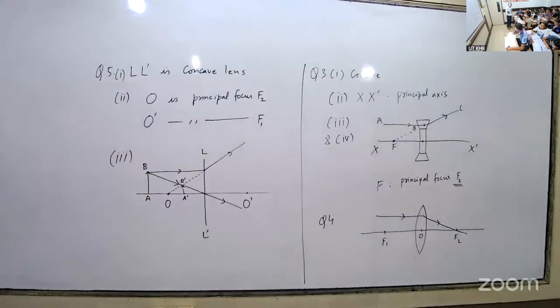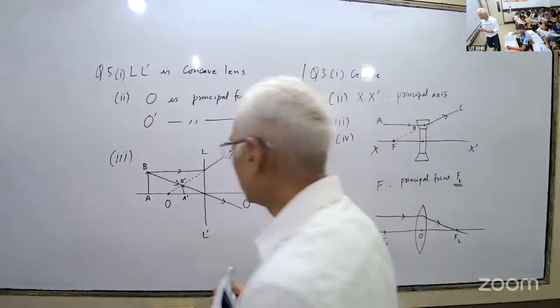Between focus and optical center. Okay, between focus and optical center. Or you can say the image position is on the same side as the object. Both you can bring. Okay.